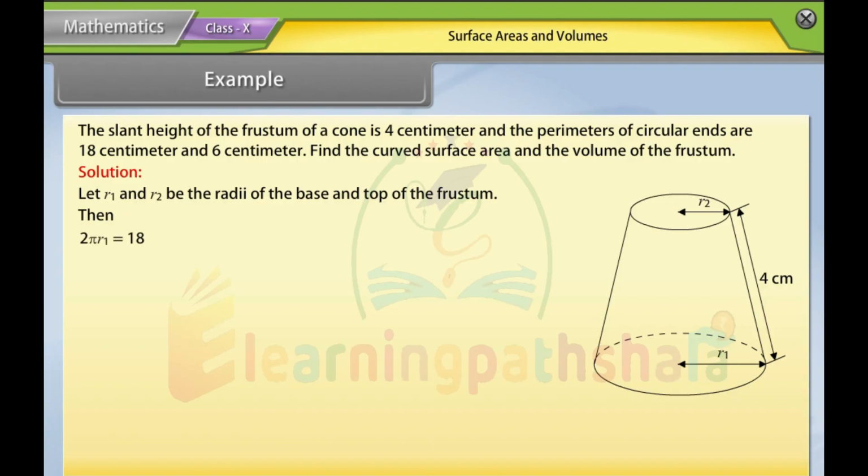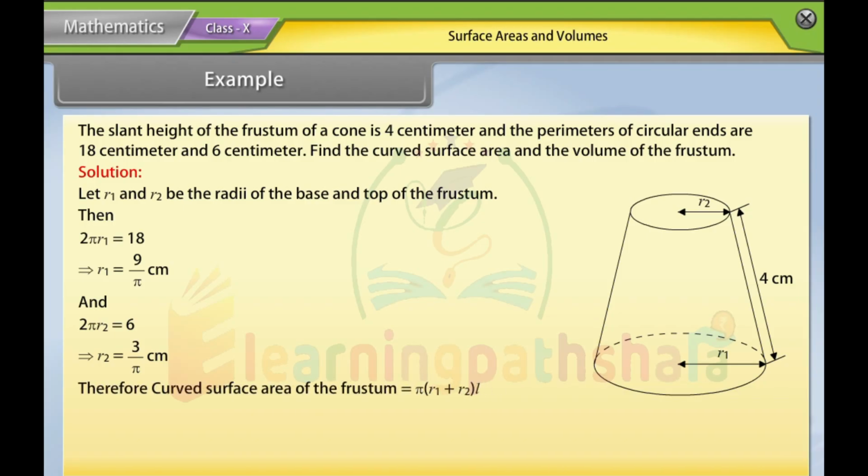Then 2πR1 equals 18, which implies R1 is equal to 9/π cm, and 2πR2 is equal to 6, which implies R2 is equal to 3/π cm. Therefore, the curved surface area of the frustum is π(R1 plus R2)L, which equals π × 4 × (9/π plus 3/π) cm², which equals 48 cm².